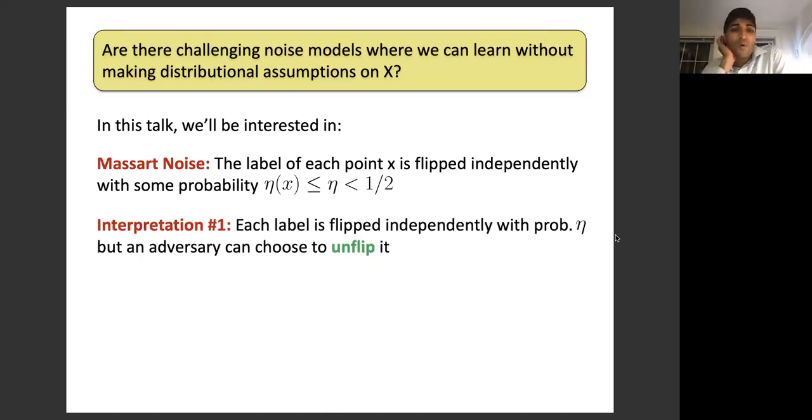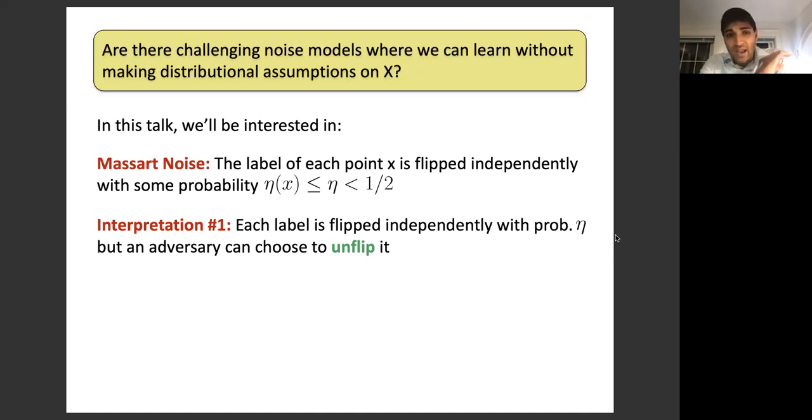And actually, there are a few ways to think about this Massart noise model, both as embellishments of the standard random classification noise model and weakenings of the worst case agnostic learning models. So let's think about it a few different ways. So one interpretation of Massart noise is that you can think about taking samples from your random classification noise model where everything is flipped independently with the same probability.